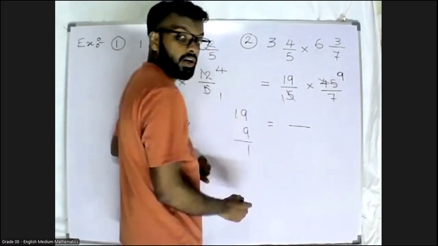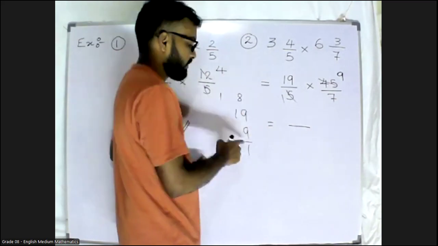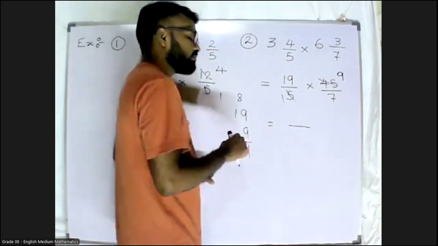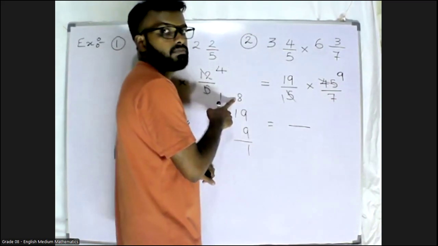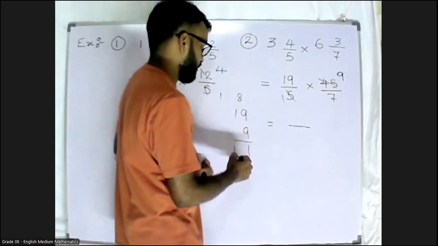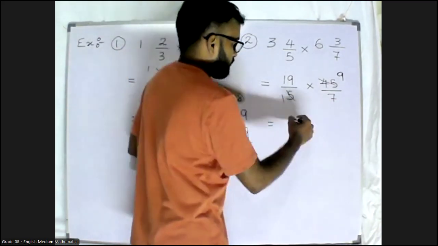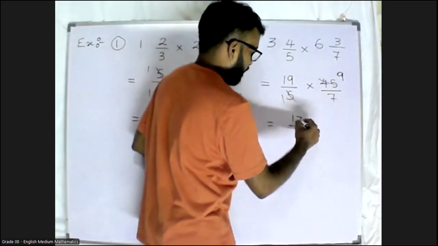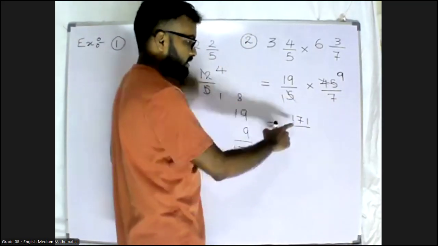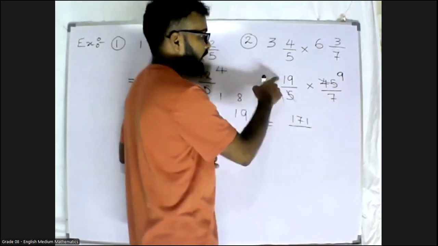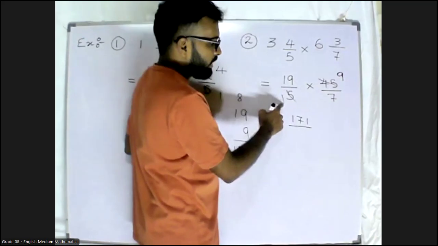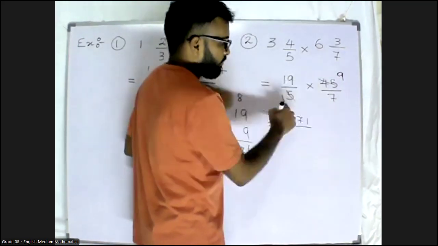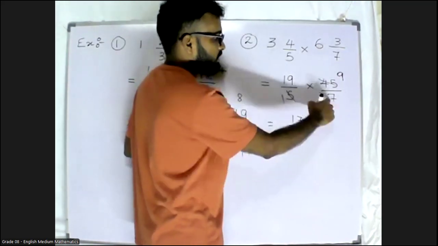I will put 1 here and 8 here. 9 times 1, 9. 9 plus 8, 17. That means 171 in the numerator, 19 times 9. And in the denominator, 1 times 7, 7.